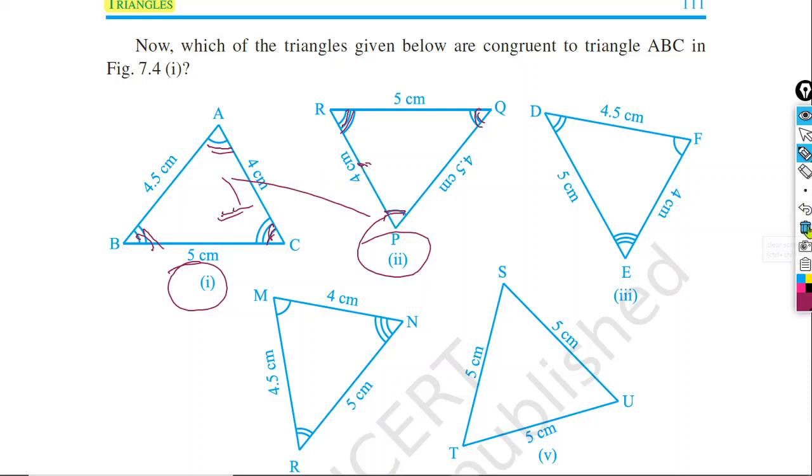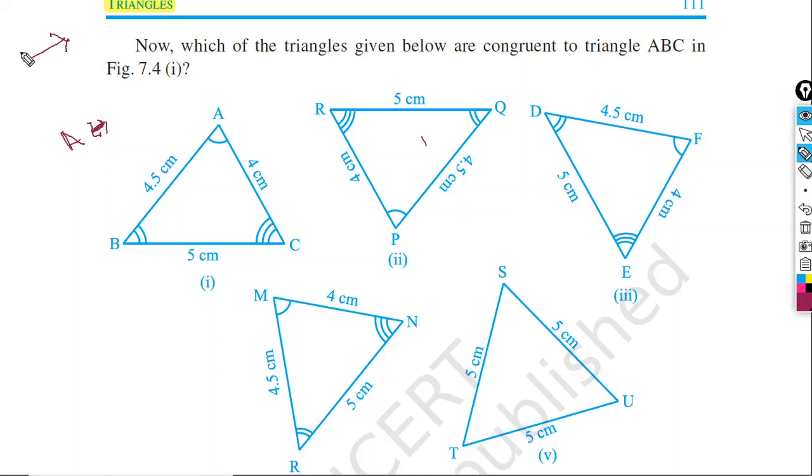But writing two triangles as congruent is a little bit tricky. How can we write? Before writing two triangles as congruent, we should consider the correspondence. Now look at it. This is the symbol of correspondence.